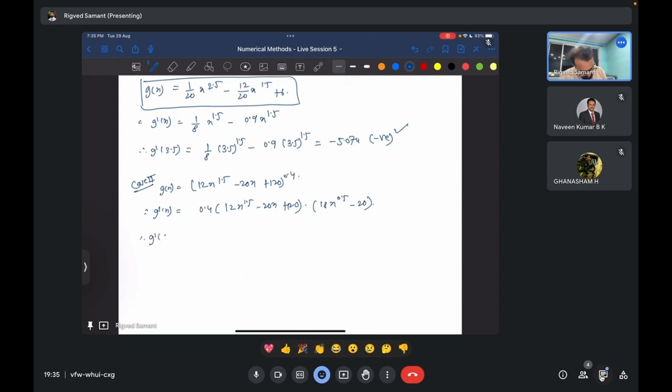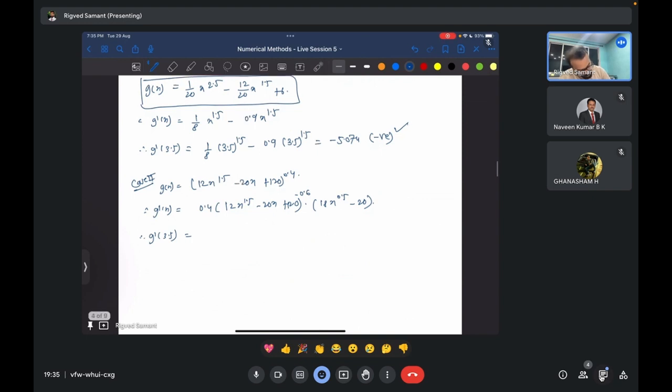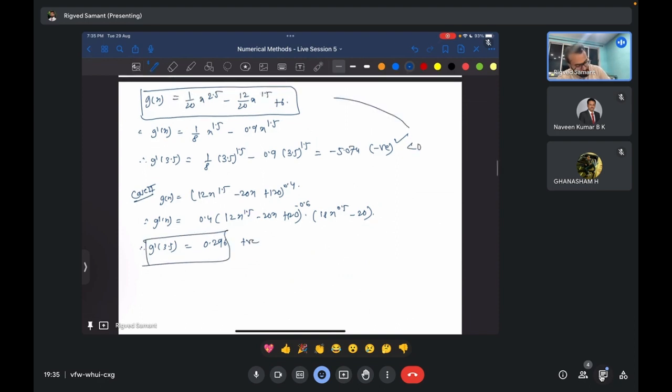So g dash of 3.5, what do you get? Put 3.5 here. This is raised to minus 0.6, right? 0.4 minus 1, so it would be minus 0.6. This will come out with 0.296, which is positive. So since this is greater than 0, we will reject this.